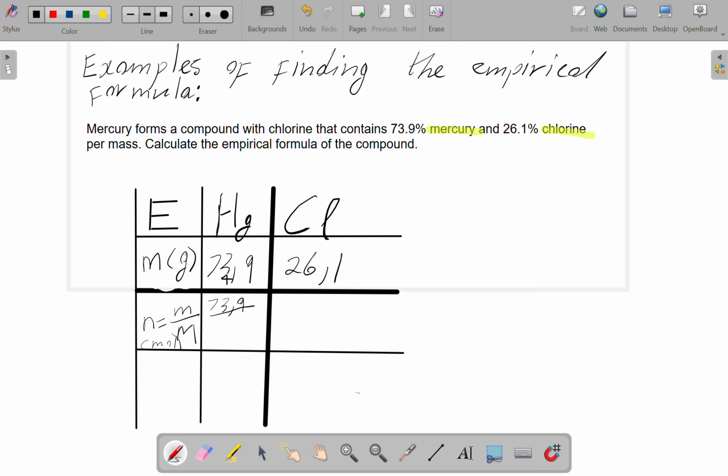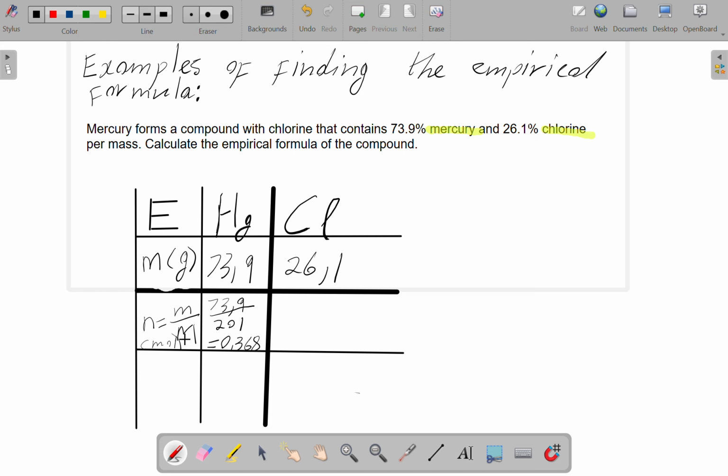The molar mass of mercury is going to be 201. Where am I going to get the molar mass of mercury, guys? I will get it on my periodic table. Then I will go to my calculator, say 73,9 divided by 201. What is that going to give me? It's going to give me an answer of 0,368.